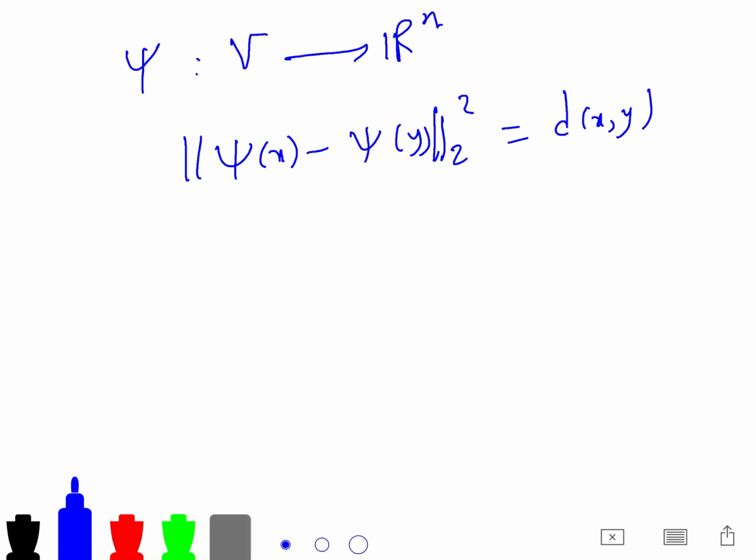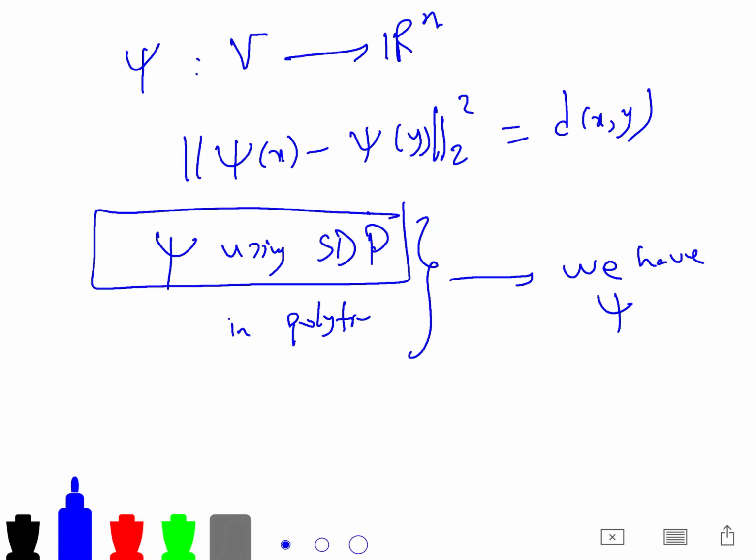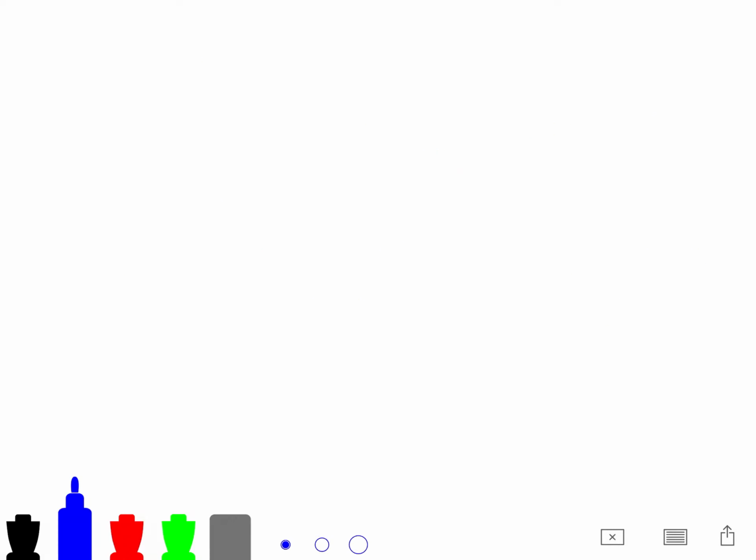We already assume that we can calculate psi using an SDP solver in polynomial time. And because this is a very easy task, from now on we assume that we have psi because our SDP solver can do it, and so no problem.